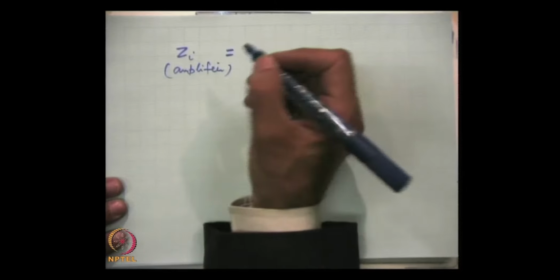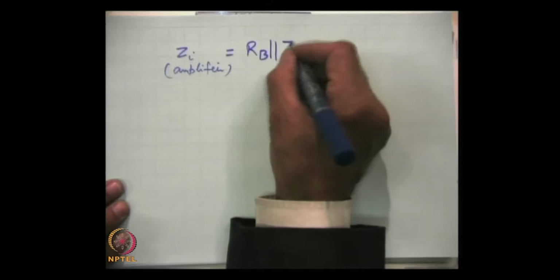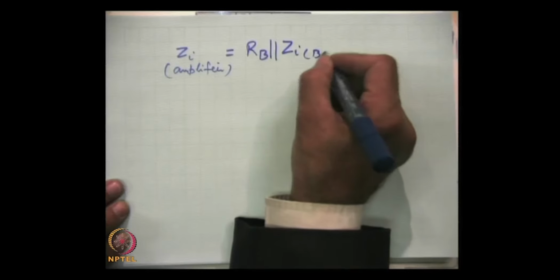The impedance of the amplifier, as I said earlier, Z I for the amplifier is equal to R B in parallel with Z I base.